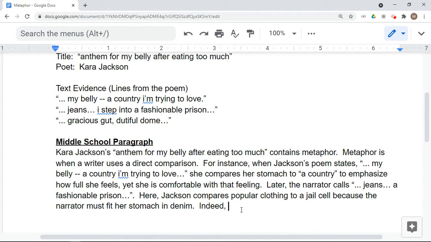Indeed. Ooh, there's kind of a predicament here because these two metaphors, on one hand, it's a country I'm trying to love, but then she calls her jeans this fashionable prison that she has to step into.